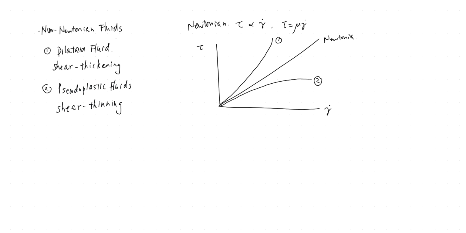So you may wonder, how do we describe the viscosity in non-Newtonian fluid? For Newtonian fluid, we have a single physical quantity, mu, the dynamic viscosity, which is unique. As you can see, for non-Newtonian fluid, depending on gamma dot, the viscosity can be different.